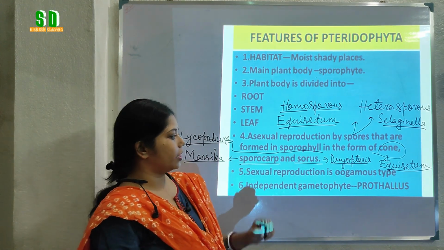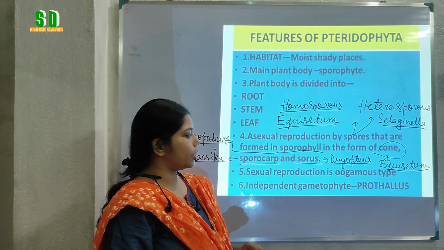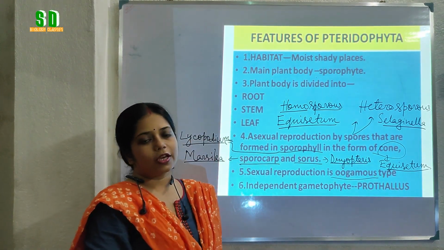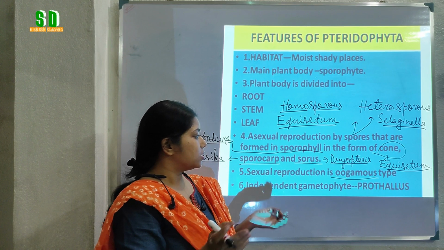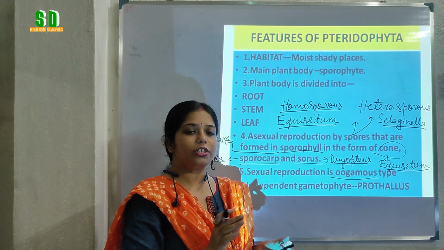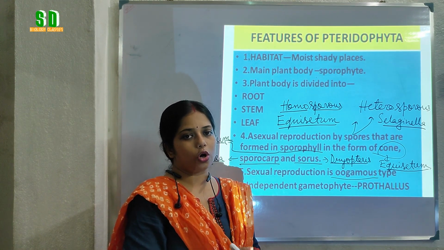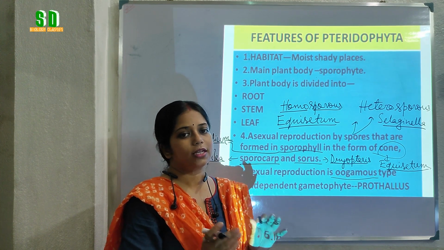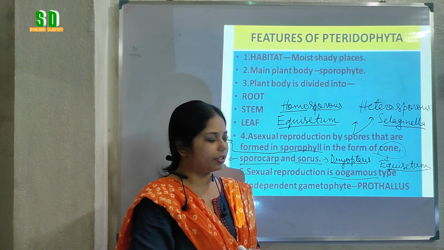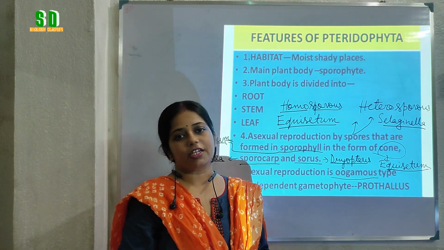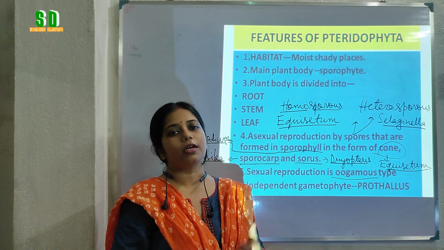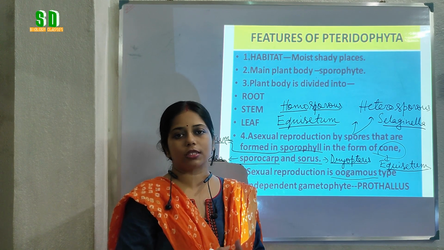Now the sexual reproduction in Pteridophyta is the oogamous type of sexual reproduction. That means the fusion between two dissimilar gametes occurs, and one of the gametes is flagellated, another one is larger in size and non-flagellated. In Pteridophyta, we can see the gametophytic structure that develops due to the germination of the spore on the soil.